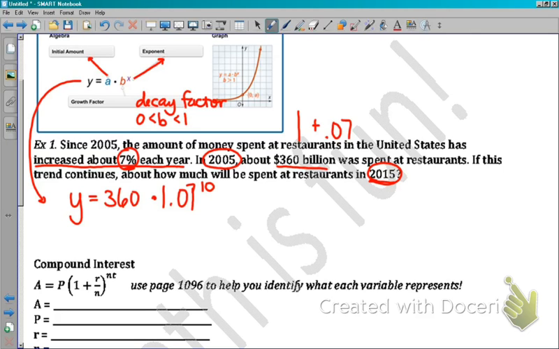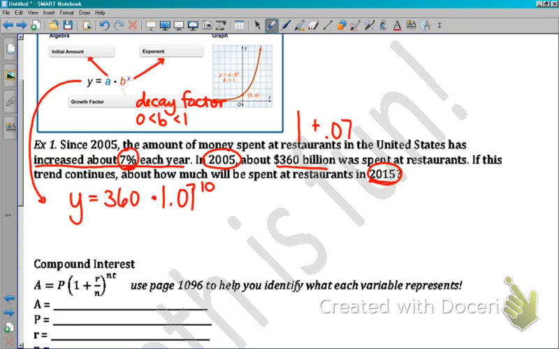Subtract 2015 minus 2005. Alright, so now I'm just going to use a calculator and do the equation in order to get our answer. So I'm just going to type in my calculator 1.07 to the 10th. And you will get something like 1.967.